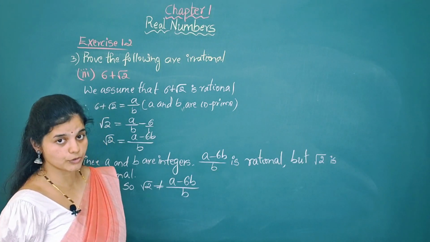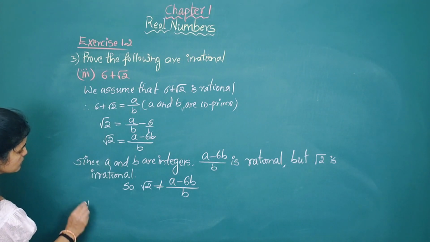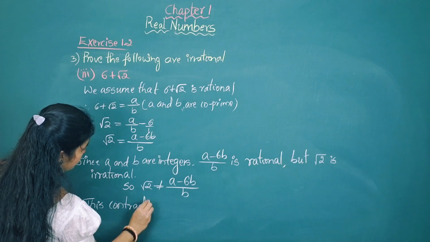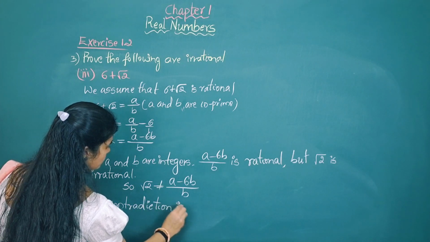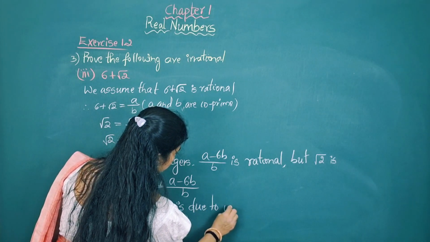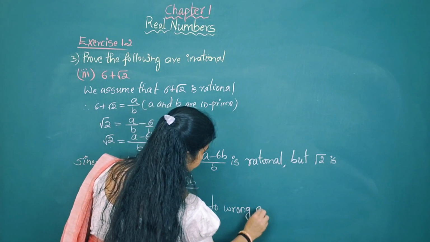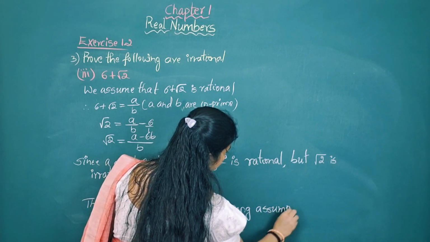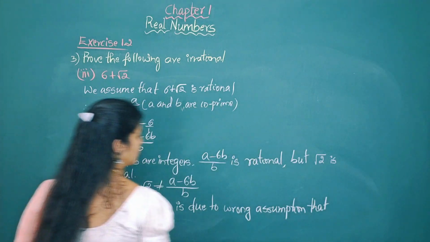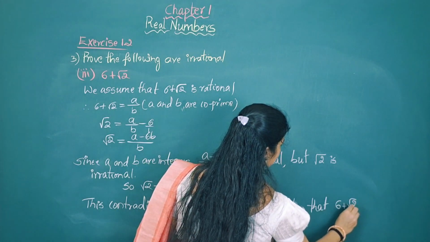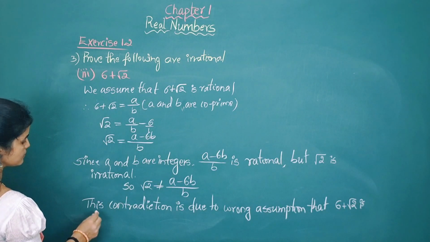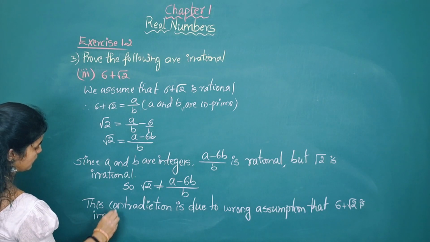Now, this contradiction is due to our wrong assumption, right? Okay. So, this contradiction is due to the wrong assumption that 6 plus root 2 is rational.